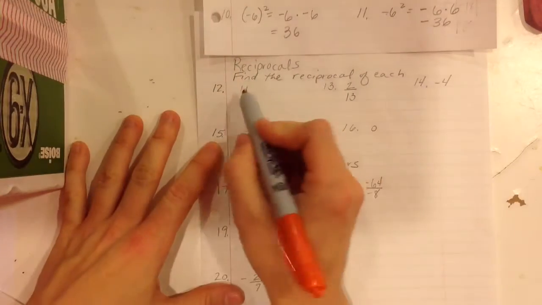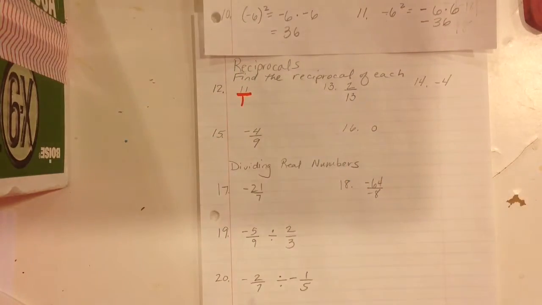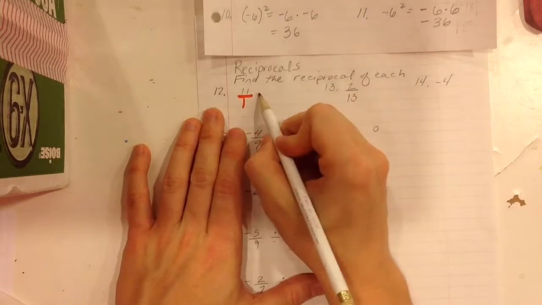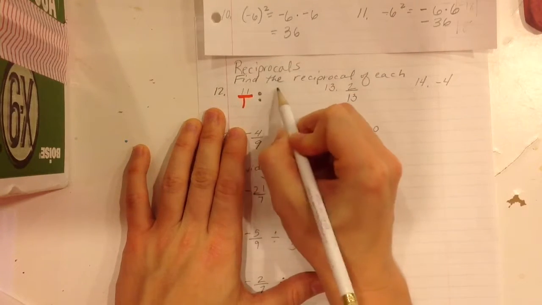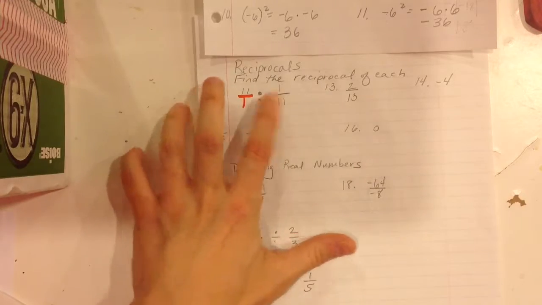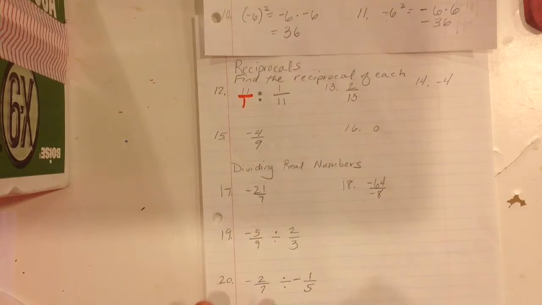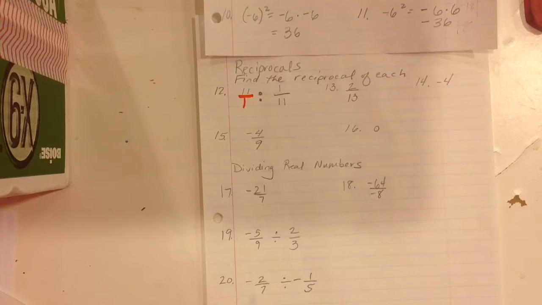So I'm going to write this 11 as over 1. So when I flip this fraction, I'm going to put 1 over 11. Now notice that I did not put an equal sign because they are not equal. They're different numbers. 11 over 1 is not the same thing as 1 over 11. So make sure that you don't put an equal sign there. But you don't change the sign, you just flip the fraction.